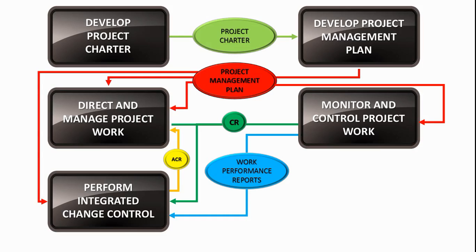They feed perform integrated change control because these could help inform change request decisions. If you're working with the change control board and they need project status to make a decision on a change request, you want to give them that work performance report. That's why you've got that relationship there.